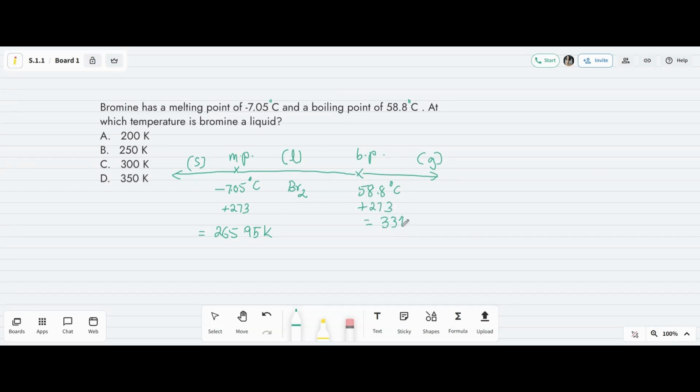And the boiling point is 331.8 Kelvin. Between these two temperatures, bromine is a liquid. So any of these choices which falls in this temperature range, that's 300 Kelvin, bromine would be a liquid at that temperature.